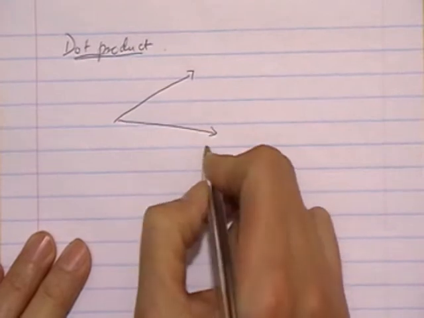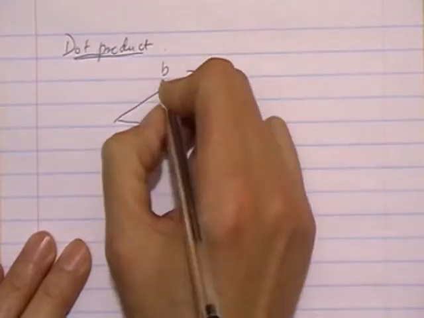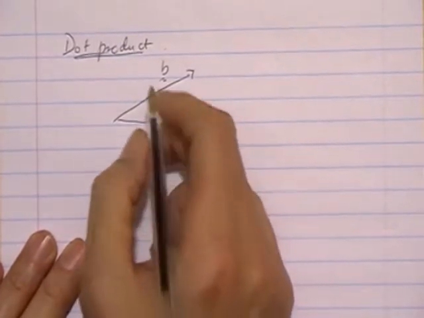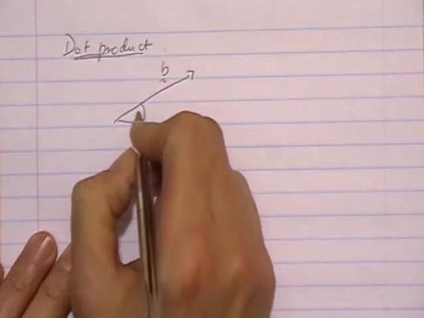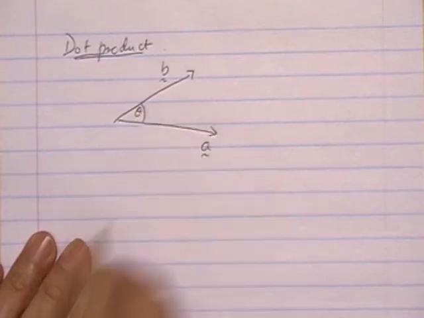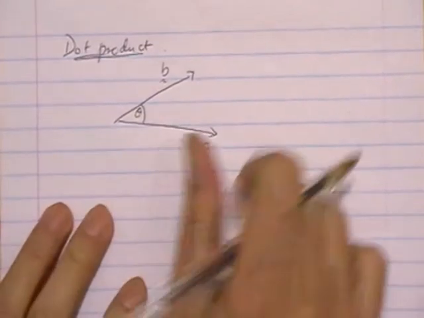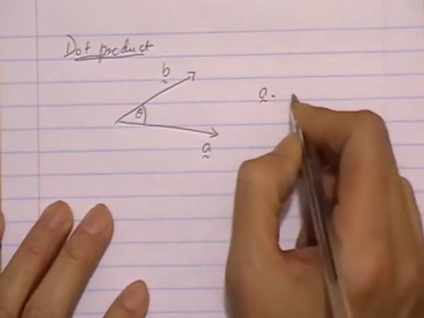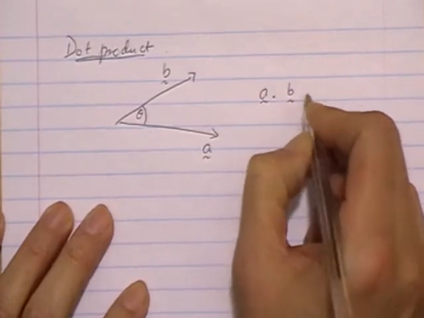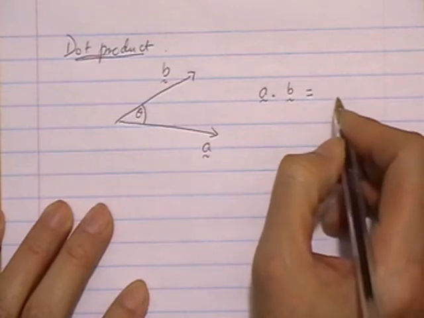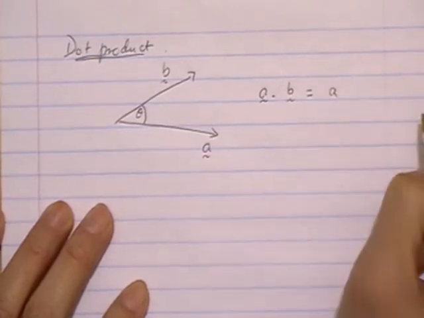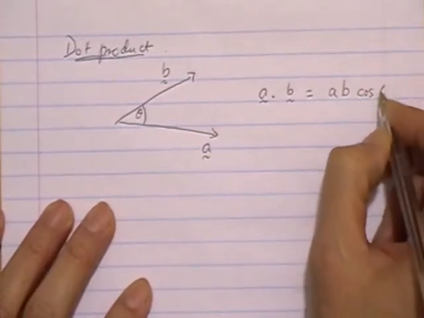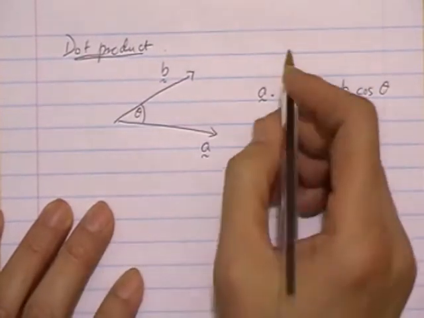If I have two vectors A and B, and if the angle between them is theta, then the dot product, which is written as vector A dot vector B, is defined as the length of A times the length of B times the cosine of the angle between them.